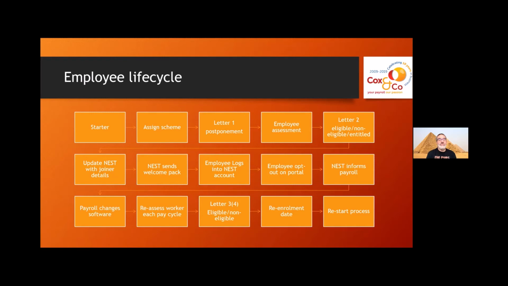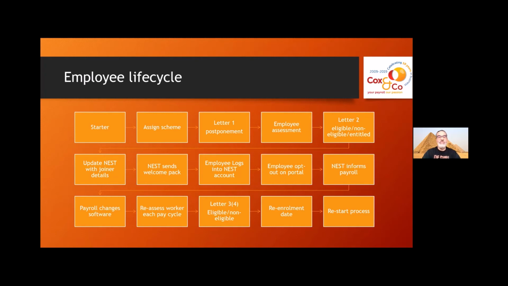And if they are assessed at that point in time as an eligible job holder, they will be re-enrolled. It's a one point in time opportunity. It's not like the normal enrollment process where you keep assessing them until they get to the peak of the mountain. In this case, one time only, re-enrollment.